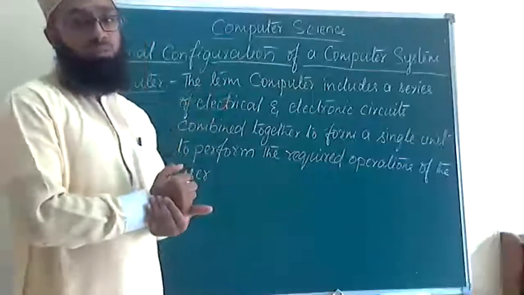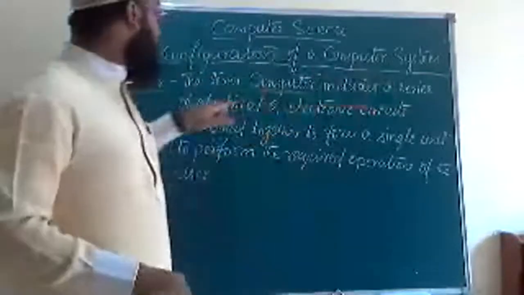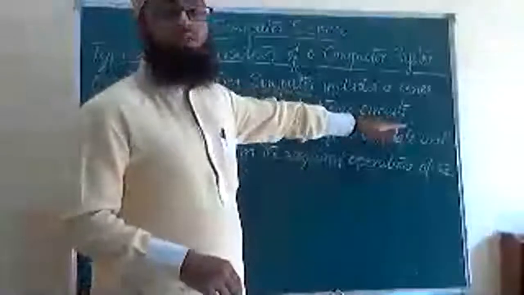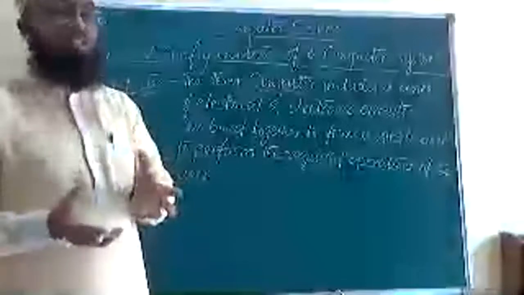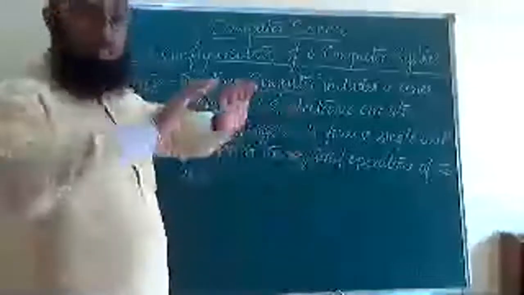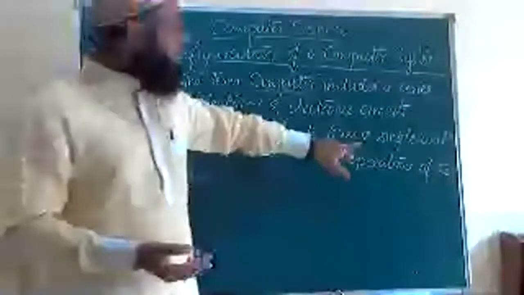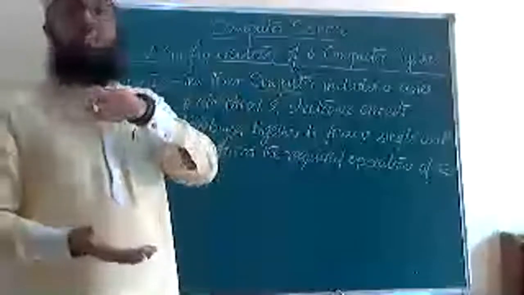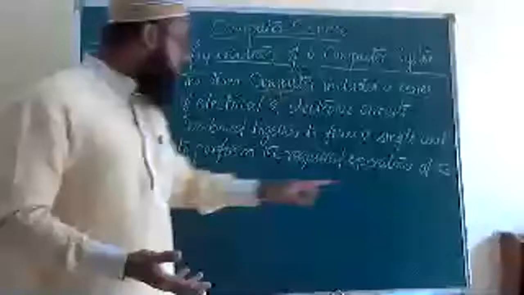In any way you can define a computer, but the familiar and most important definition for your examination is: a series of electrical and electronic circuits combined together to form a single unit, and that unit is called a computer. And what is the use of that unit? It is used to perform the required operations of the user.